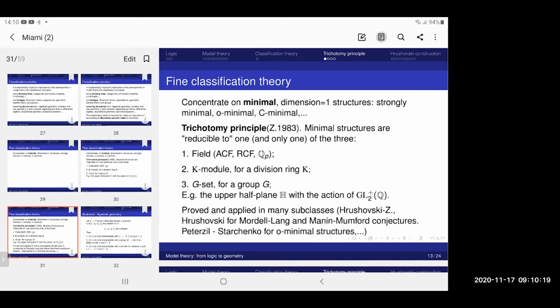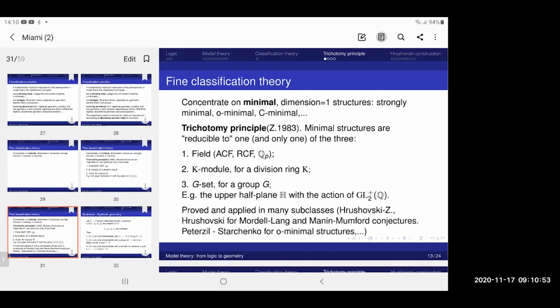Hrushovski found brilliant applications of this and similar results that he himself then found, applications in arithmetic, like the analysis and proofs of some cases of the Mordell-Lang conjecture and Manin-Mumford conjectures.